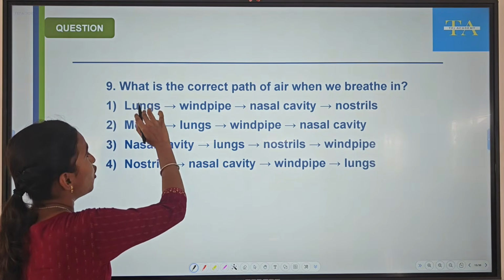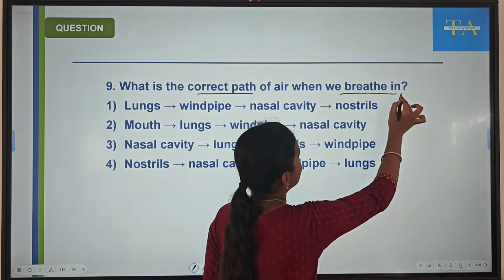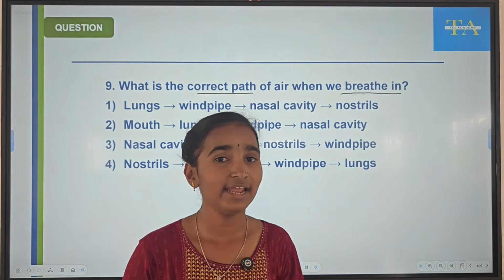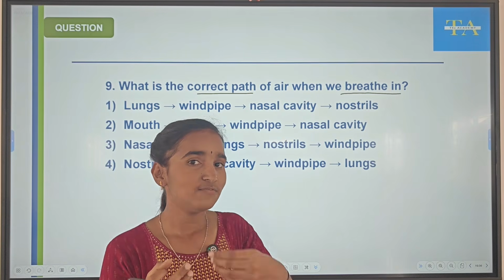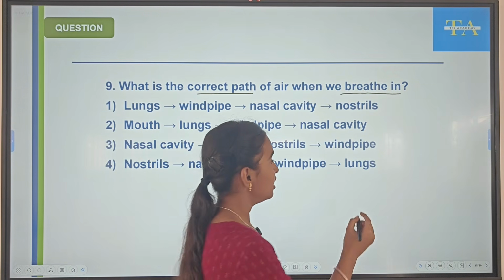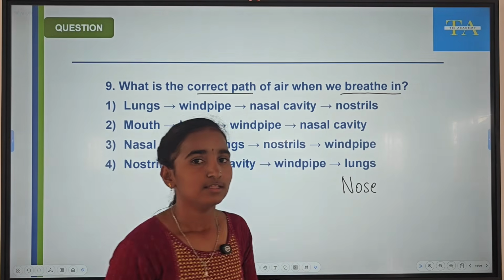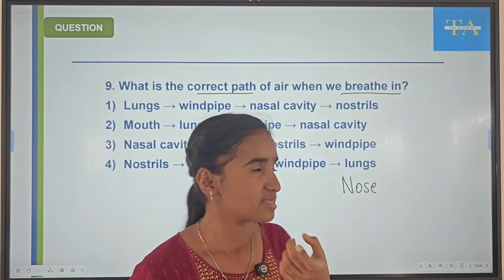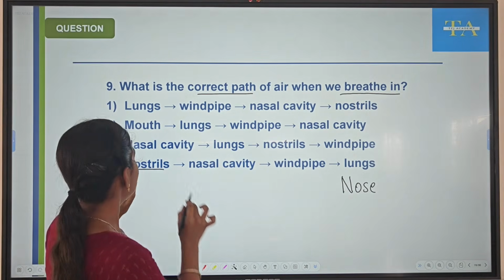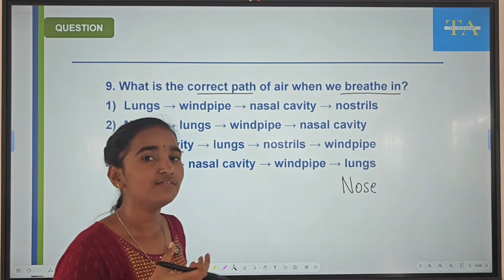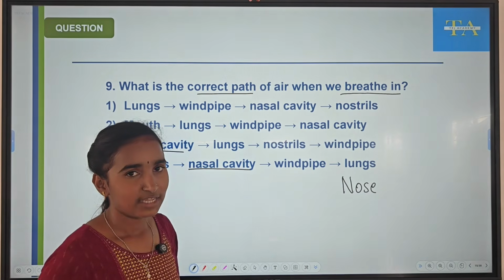Next, what is the correct path of air when we breathe? They are asking the correct path of air when we breathe. How do we breathe? We first take the air through our nose. Here are the nostrils. The nasal cavity is also there. After we inhale through the nostrils, the air moves into the nasal cavity.